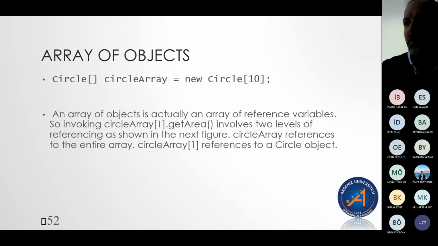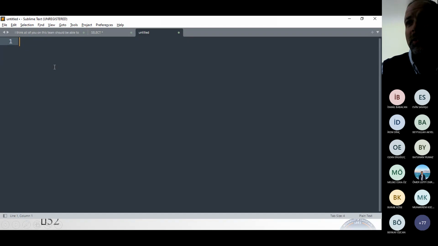So the question is, do all of these point to null, or does it create default circle objects? It points them all to null initially.